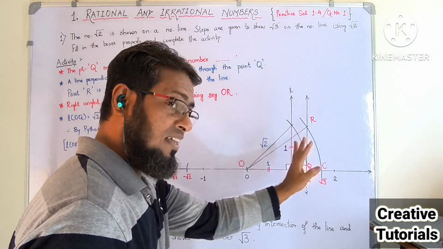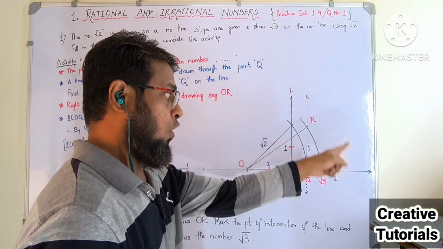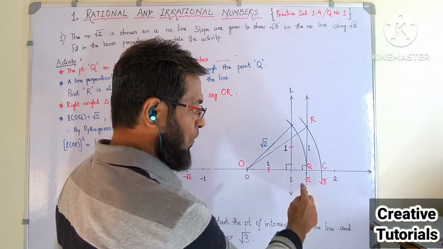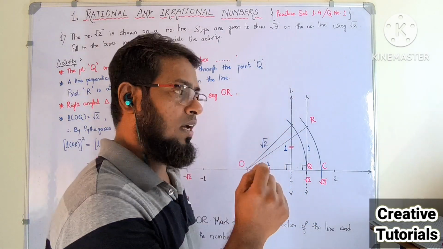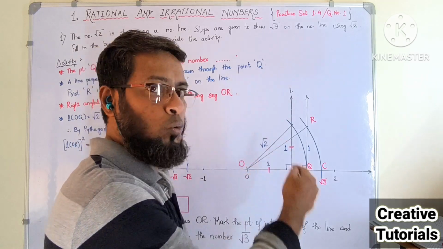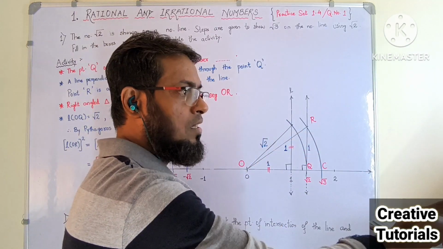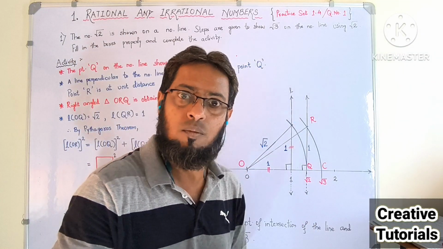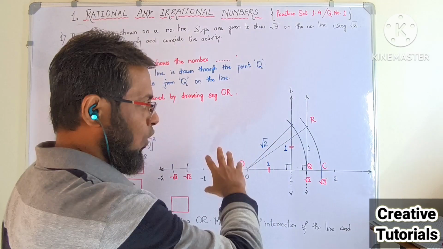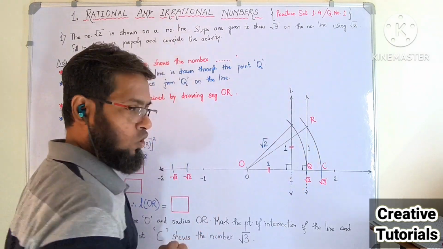I had not erased my previous video's drawing or construction part of root 2. I did this deliberately so that it becomes easier for you to understand the consecutive questions, how to plot other irrational numbers on the number line. Whatever part is required for this question, I have made the corrections accordingly.